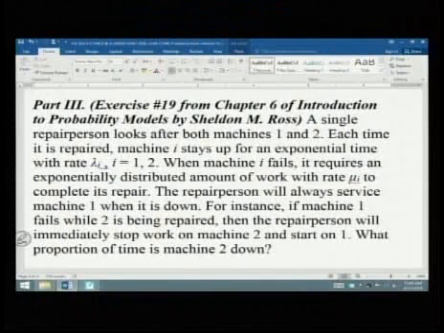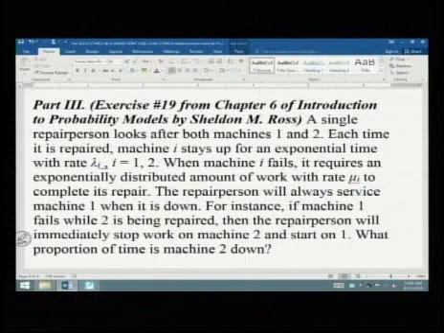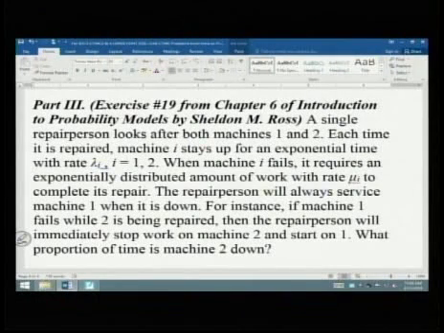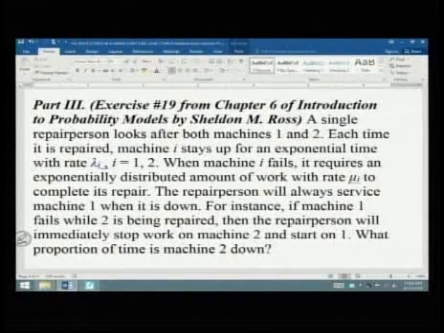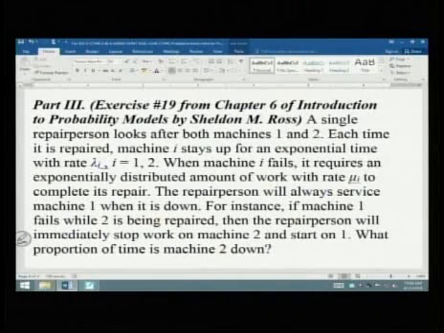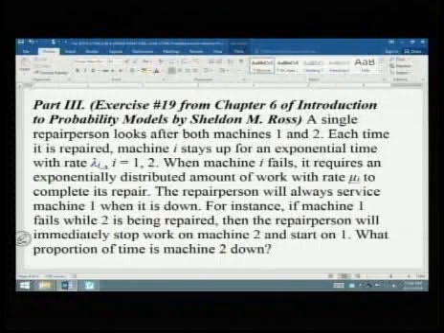The repair person will always service machine 1 when it is down. For instance, if machine 1 fails while 2 is being repaired, then the repair person will immediately stop work on machine 2 and start on machine number 1. Then we'd like to know what proportion of time machine 2 is down.